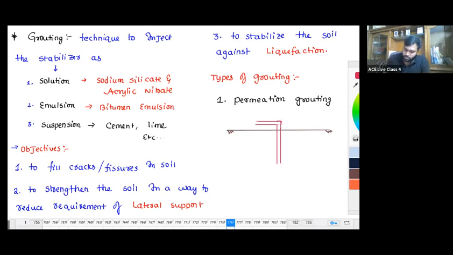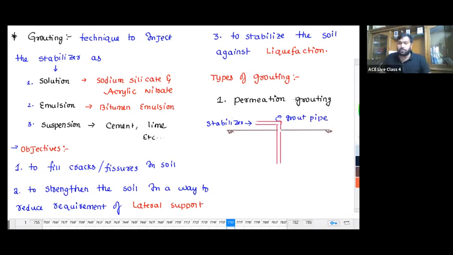Now whatever stabilizer I'm going to use, I can use the stabilizer in the form of a solution. So this is nothing but a grout pipe.